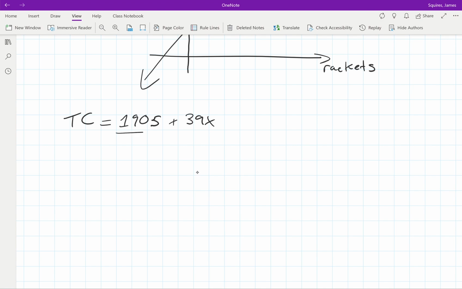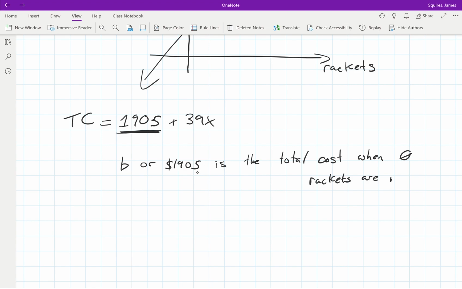So the y-intercept of this equation is telling us the b value, or let's do lowercase b, or $1905 is the total cost when 0 rackets are made.